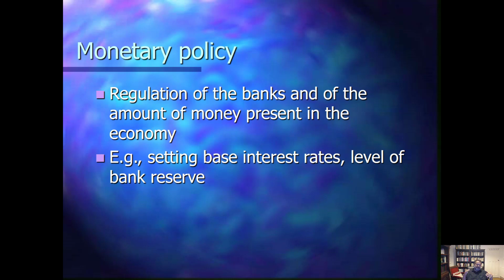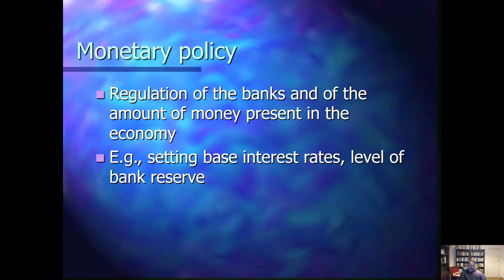So this is the interest rate at which the central bank lends money to the commercial banks, or setting the level of the bank reserves, which is the amount or the ratio of the money that banks need to retain as reserves relative to the amount of money they get as deposits, or that they manage as deposits.